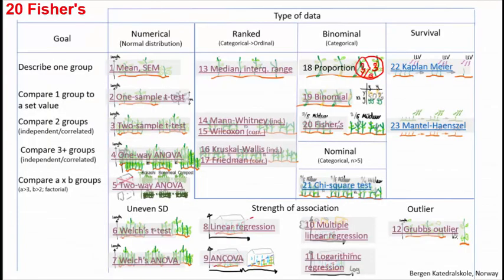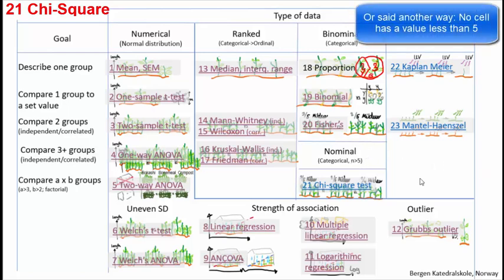But sometimes you have more than 2 categories. Then you don't have binomial data anymore, you have nominal data. And as long as the outcomes are always above 5, so you have no value in the factorial design which is less than 5, you can do the chi-square test.